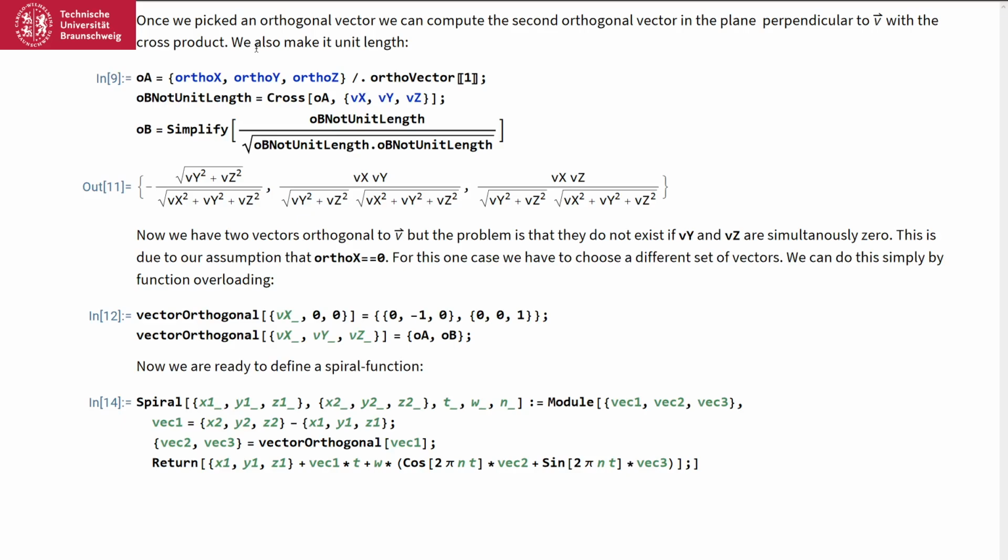It will not necessarily be unit length. This is why we have to divide by its length, and its length is, of course, the square root of its square, so the scalar product with itself, which we just learned how to do.